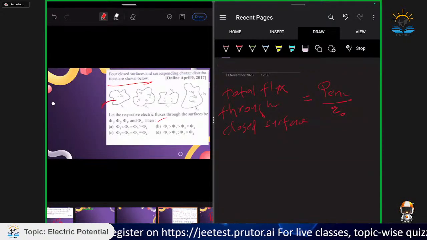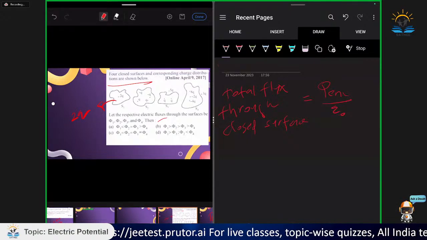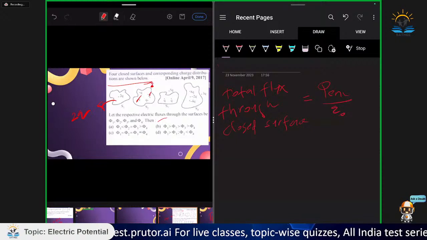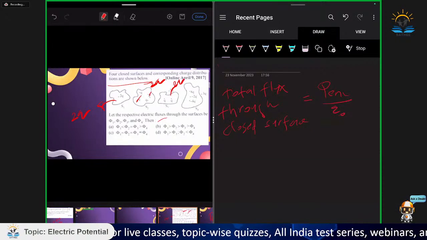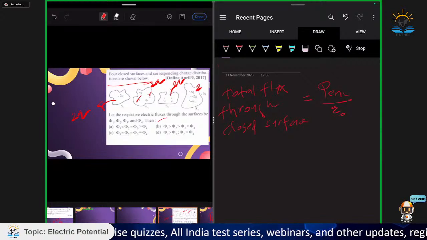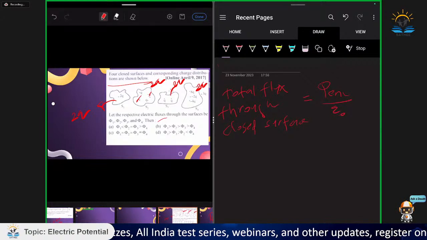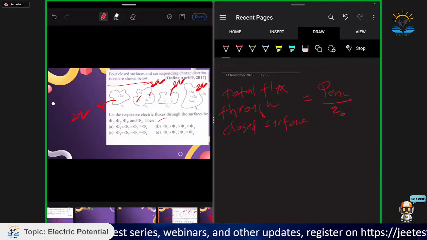For S1 the charge enclosed is 2Q. For S2, minus Q plus Q cancels, total 2Q. Here again 2Q. And here 6 minus 4, 2, again 2Q. That means the charge enclosed in all four closed surfaces is the same, 2Q.